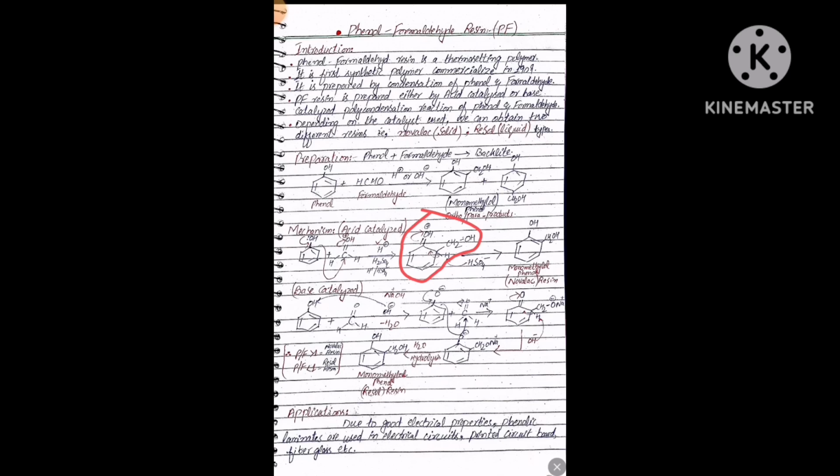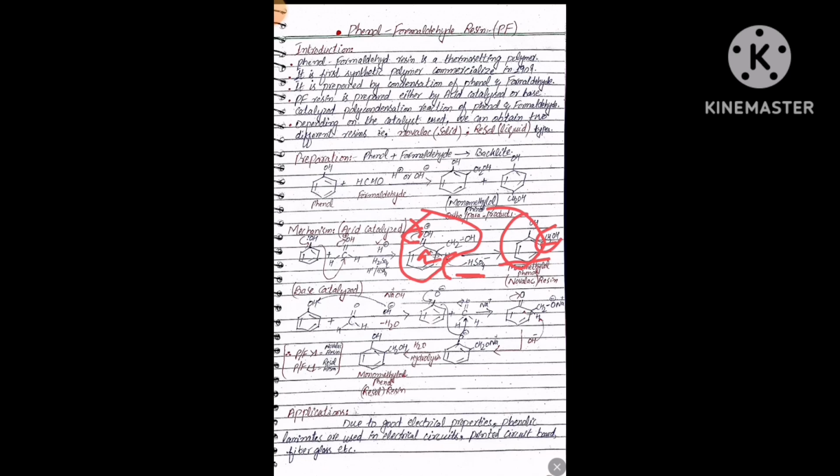The HSO4 part of the sulfuric acid will now take back its hydrogen from this aromatic structure, and this bond will move back and restore its aromaticity and stability, and it is converted into a product named methanol phenol at the ortho position, said to be the ortho product.